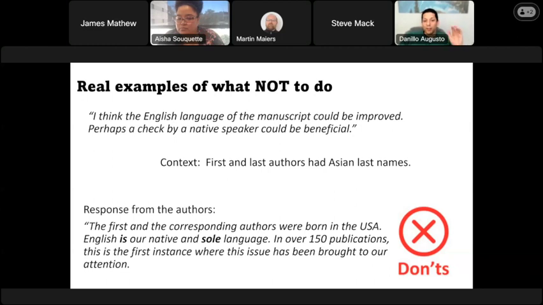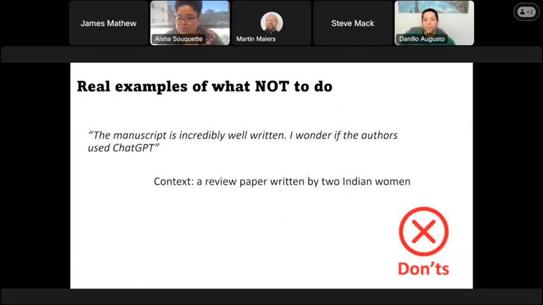So this is related to what I just mentioned. Maybe we should be aware of our biases and be very careful. If there is a problem with language, give an example and say why you think that is a problem. And the last example of what not to do: one that happened was, this manuscript is incredibly well written, I wonder if the authors used ChatGPT.